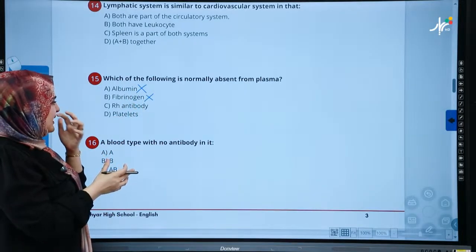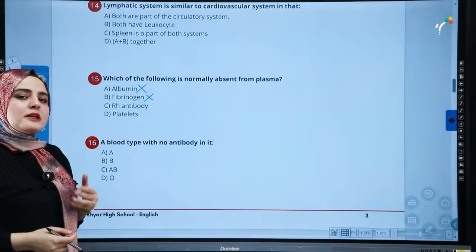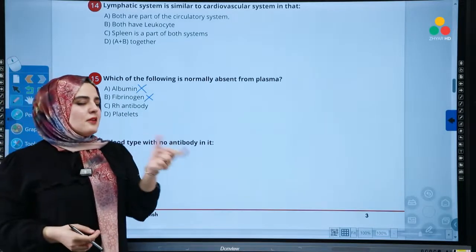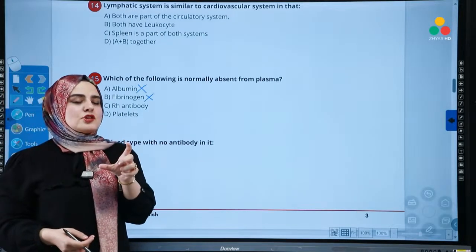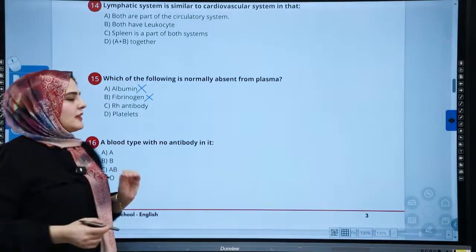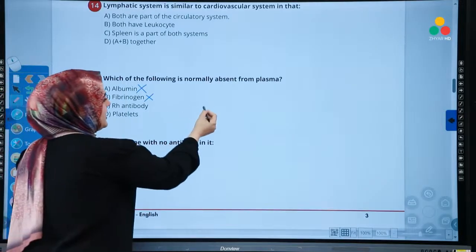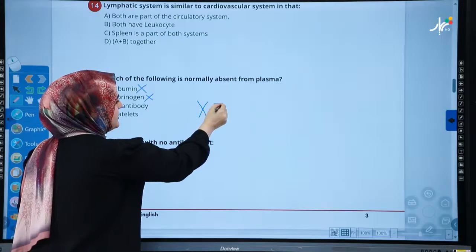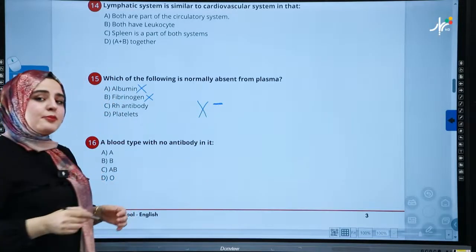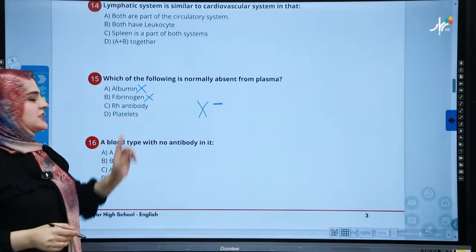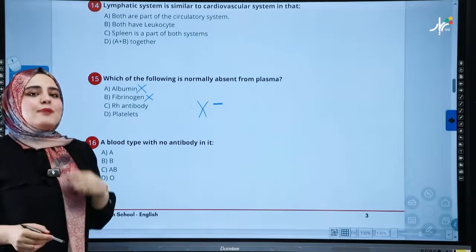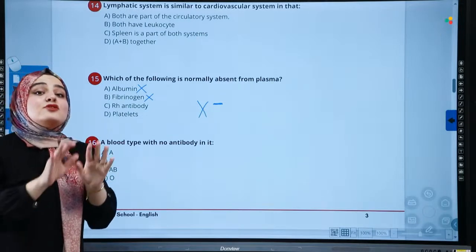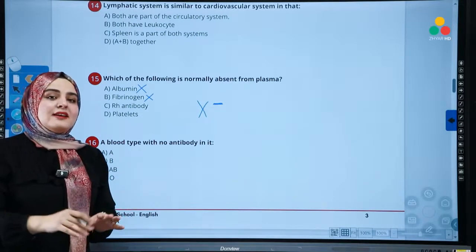What about Rh antibody? Rh antibody is also a protein, but we did not say antibody alone, we said Rh. See, any type of blood negative, A, B, O negative, has the ability to create Rh antibody. See what I said, ability to create it. They don't have it. Why?